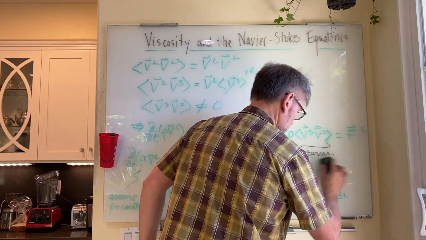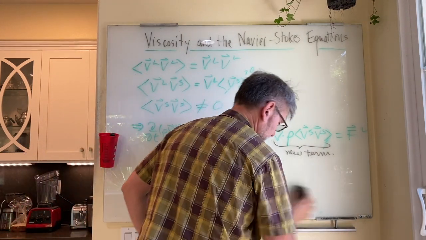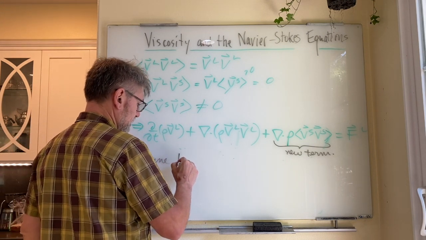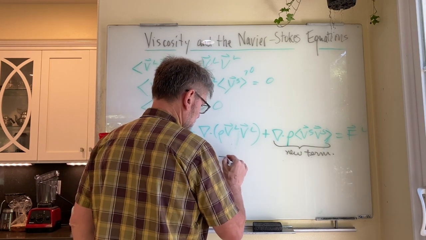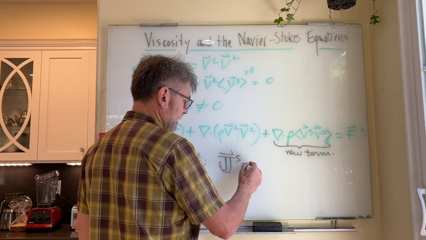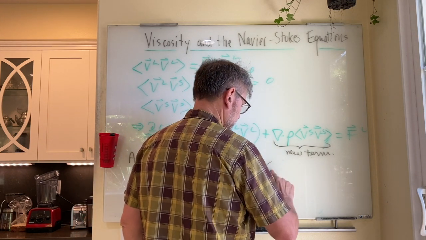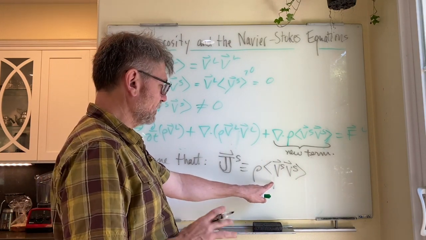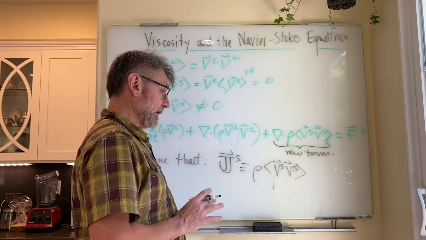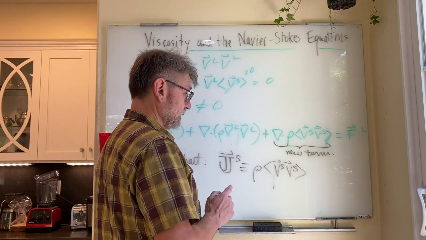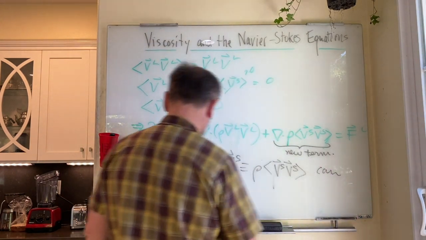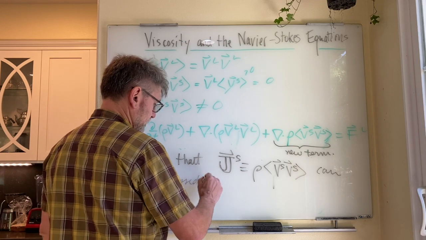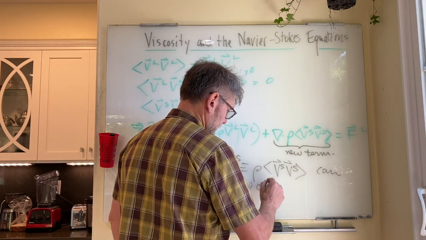And so what we're going to do is we're going to assume that the current for the small scales, which is defined as rho VS. So the momentum current at large scales due to the small scales, we're going to assume that this can be written in terms of the large scales, can be expressed in terms of VL.